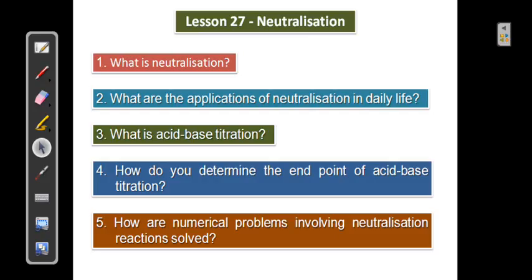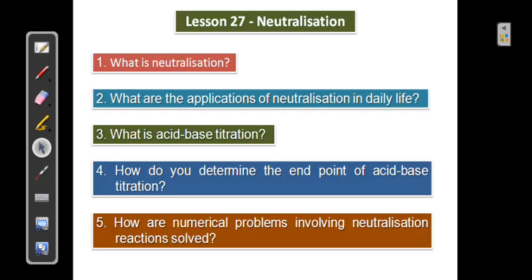Then you will learn something new, what we call acid-base titration. So what is acid-base titration? Number 4, how do you determine the end point of an acid-base titration? What do you mean by the end point of an acid-base titration? The keyword here is end point. You will learn about that later.